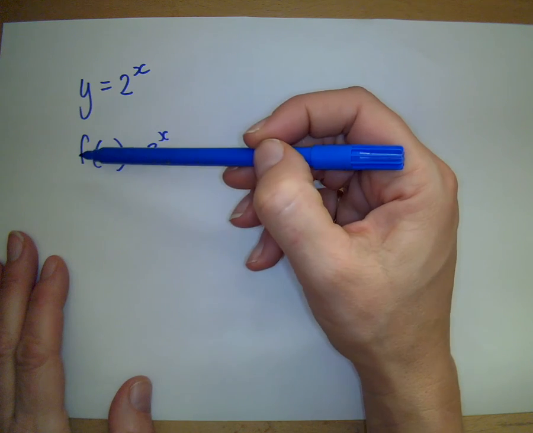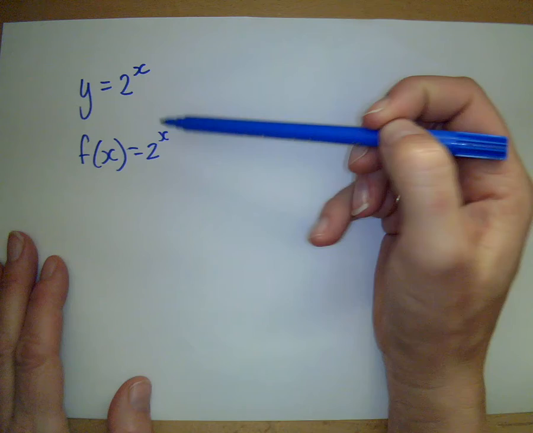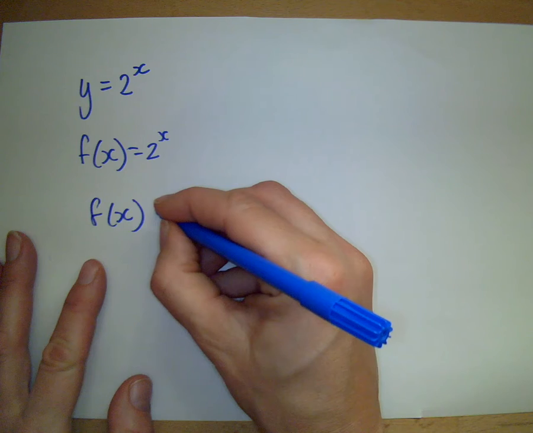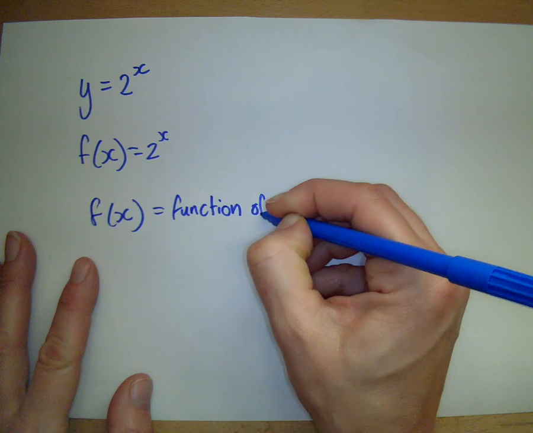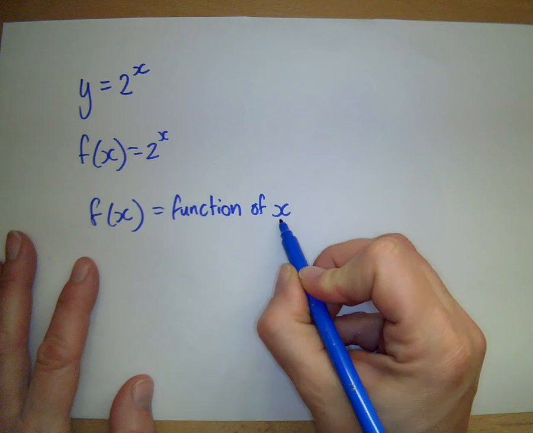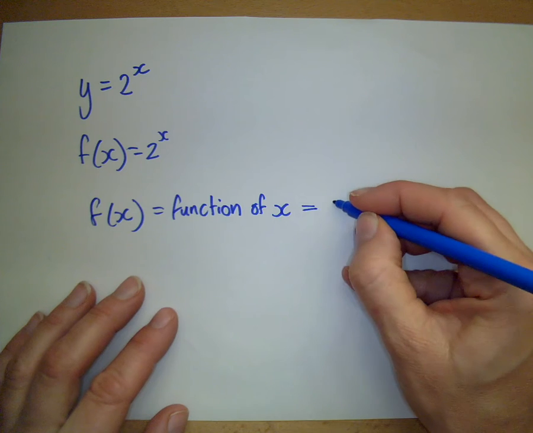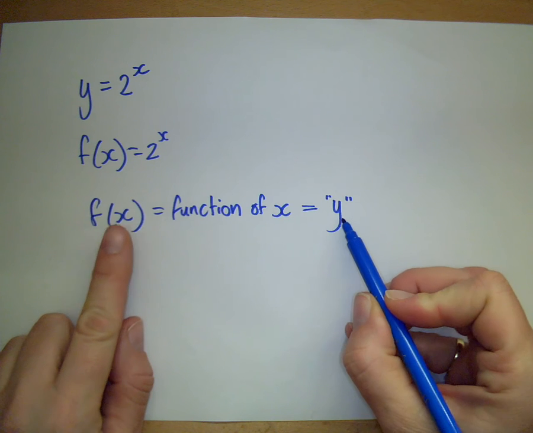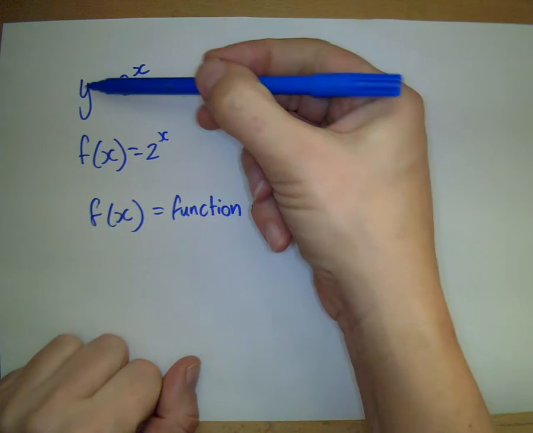Here you would say f of x equals 2 to the power of x. So f(x) means function of x. It's a function where we enter x into it, but we could also basically say y, right? So you see these two off and on. Sometimes we use this, sometimes we just write y.